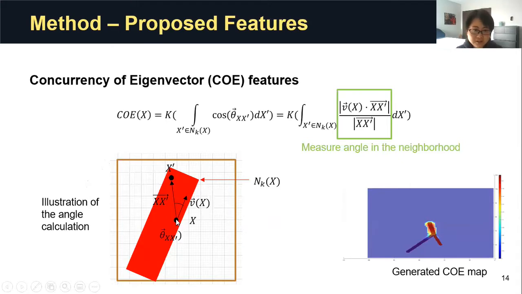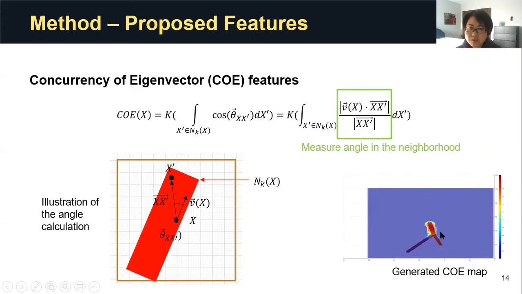For each point in the center of the patch, we compare the direction we obtained at the current voxel to the directions of all the neighboring voxels, and then we generate the corresponding COE map.